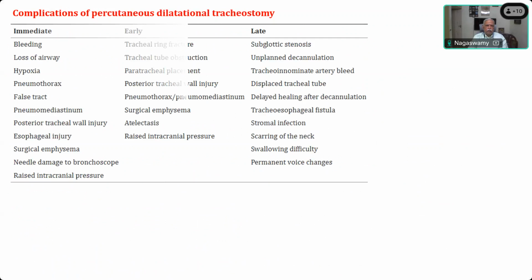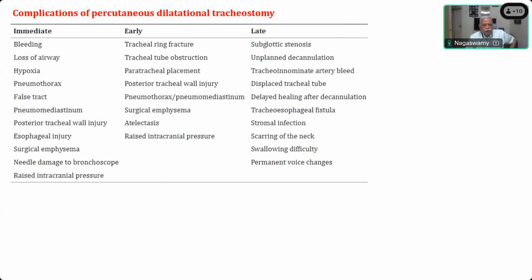Complications of percutaneous dilatational tracheostomy are bleeding and loss of airway. You can classify them as immediate, early, and late. Immediate: hypoxia, pneumothorax, false tract, pneumomediastinum, posterior tracheal wall injury, esophageal injury, surgical emphysema.